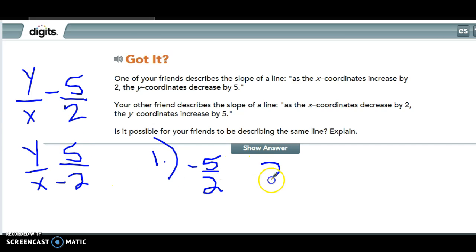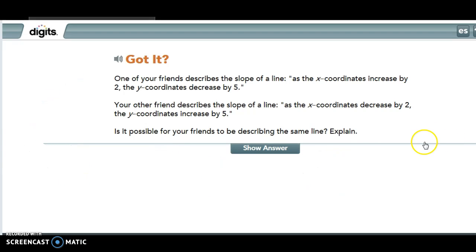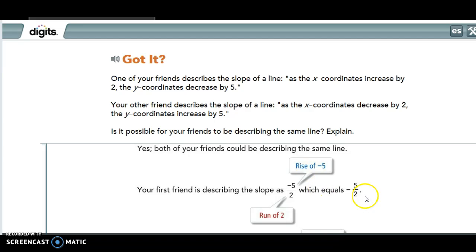So here's your second friend. Is -5 over 2 and 5 over -2 the same slope? The correct answer? Yes. They're both describing the same thing, so that means that your line is going to be the same.